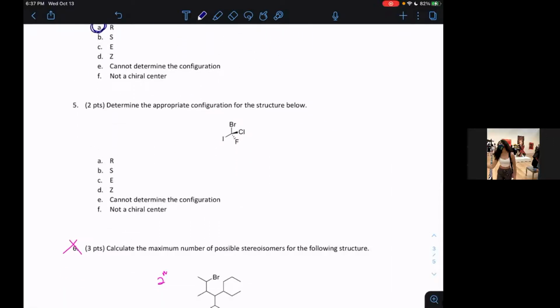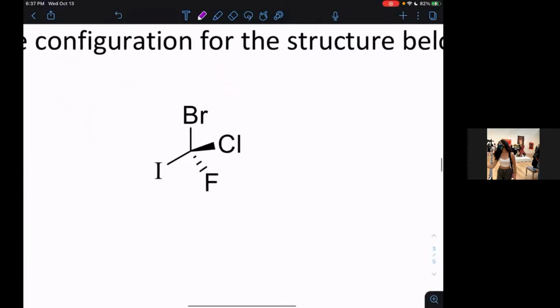And then again for 5, I hope it's just a bunch of this. Again, I'm looking at a periodic table. So I has the largest atomic number, and then it's Br, and then it's Cl.